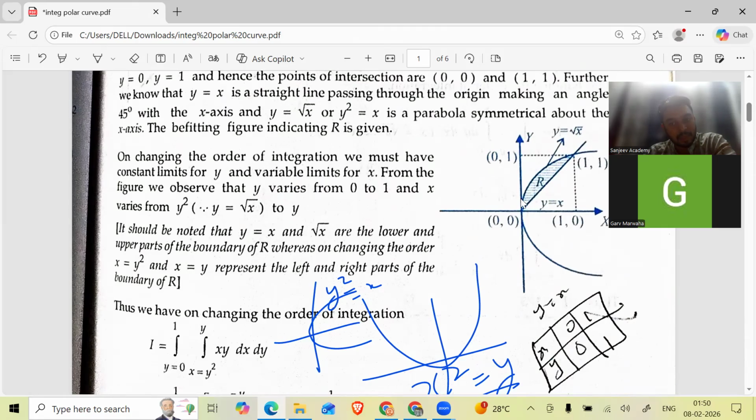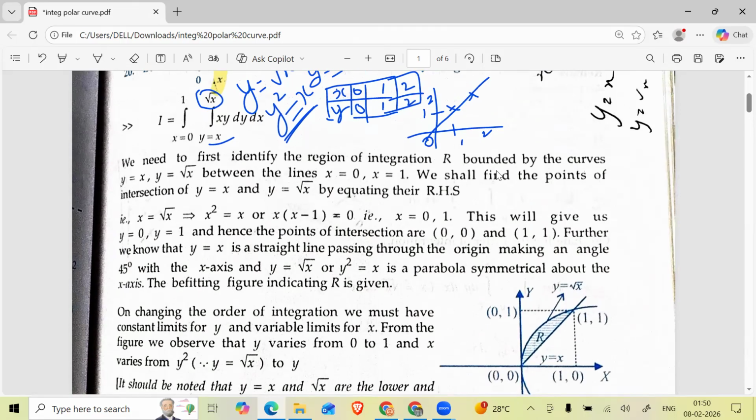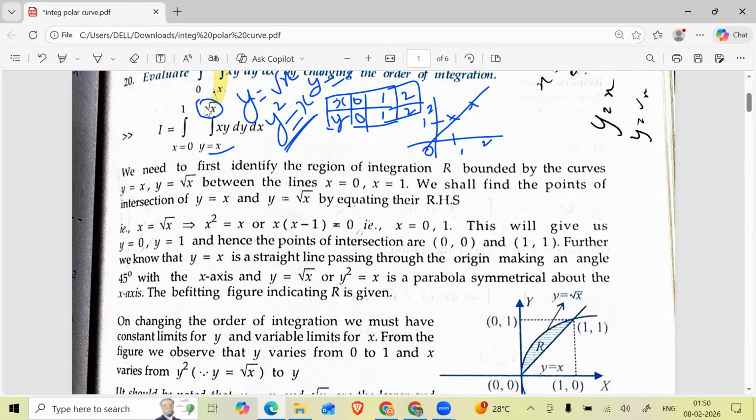From this curve, it is meeting where? See the curve here. From this curve, it is meeting the 1. That is y. x is equal to y. So from where does this curve start? As you can see here clearly, y is equal to x is there, y is equal to root x is there, right?